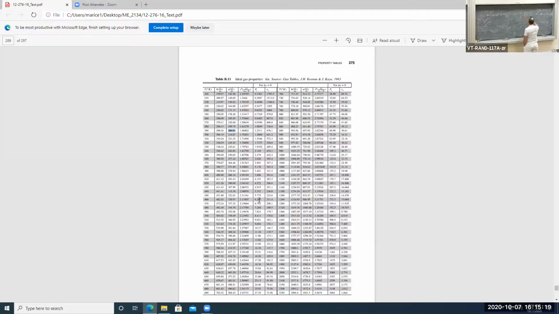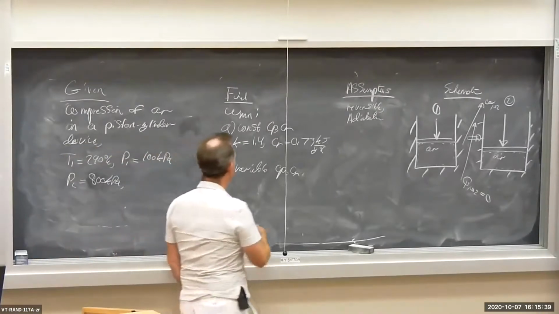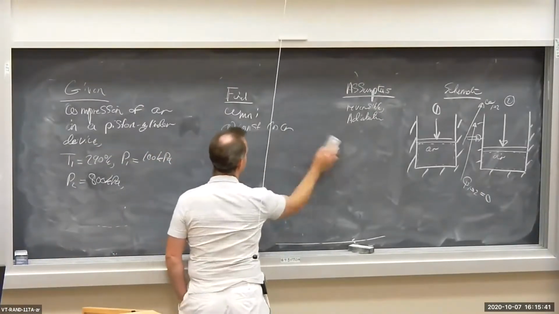So this implies PR2 equals PR1 times P2 over P1. Let me go over here. I've got plenty of room on the other board. We want to find it for variable specific heat now.